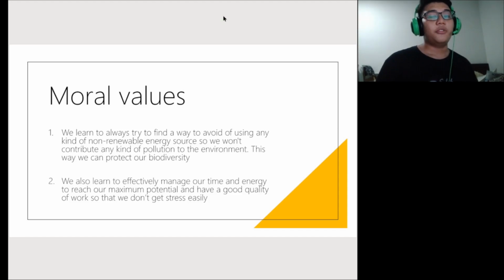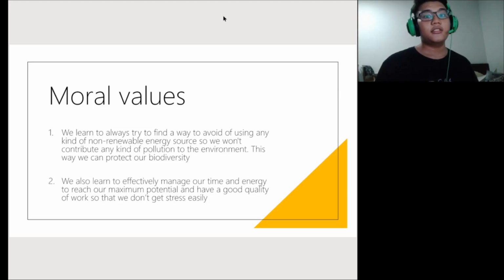Lastly, our moral values, the things that we learned from doing this project. The first is that we learn to always try to find a way to avoid using any kind of non-renewable energy, so we won't contribute any more pollution to the environment. This way we can also help protect our own biodiversity.